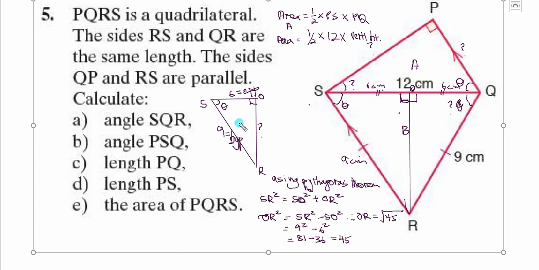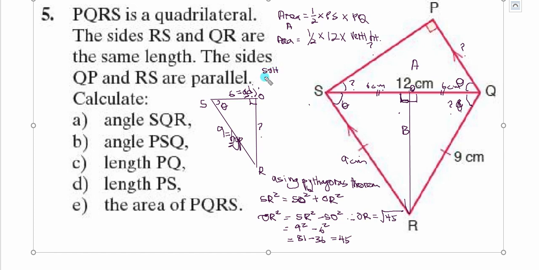So you got an O, you got an H. This adjacent, the adjacent. You got an A, you got an H.